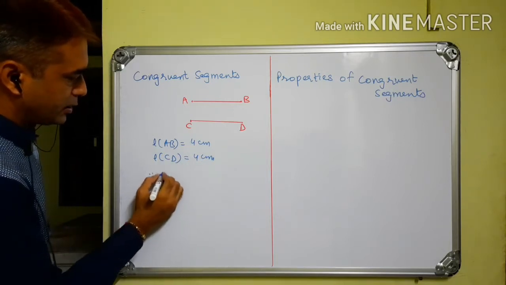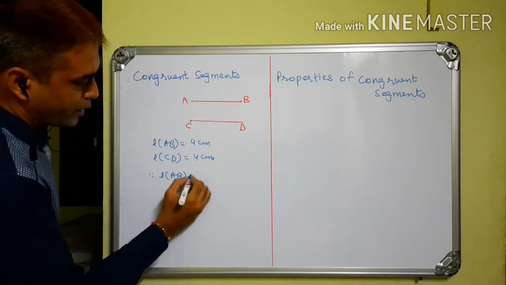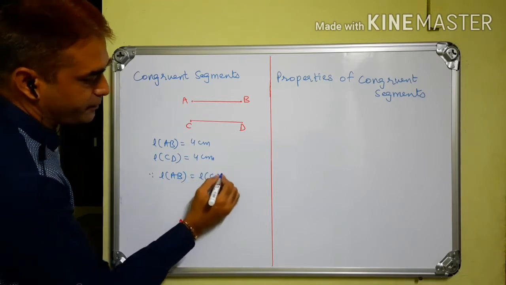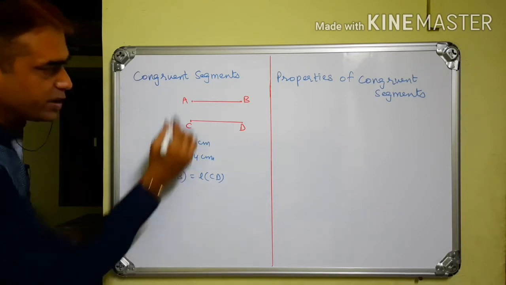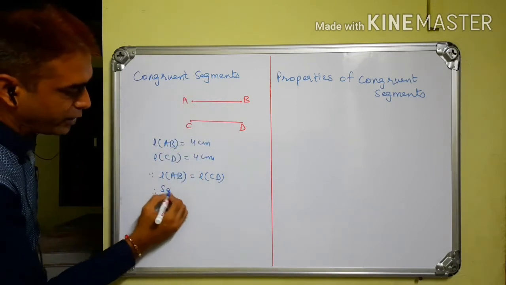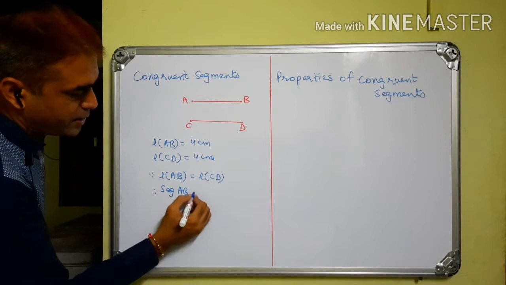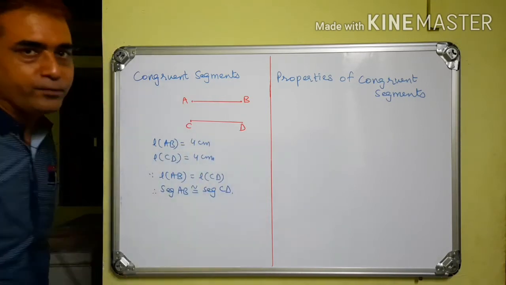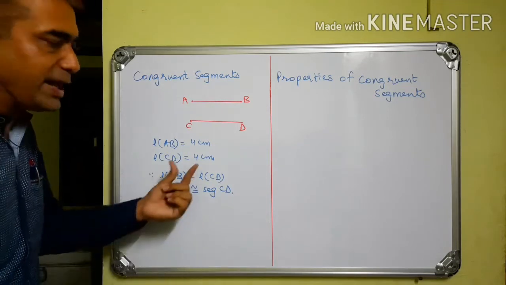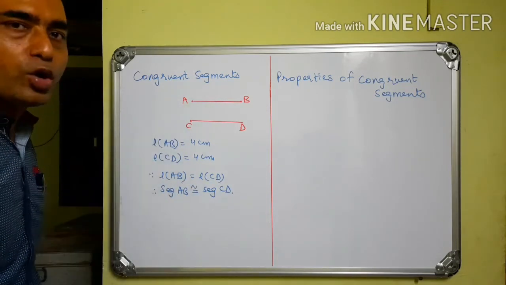It means length AB equals length CD. As the lengths are equal, these are congruent segments. Therefore we write segment AB is congruent to segment CD.